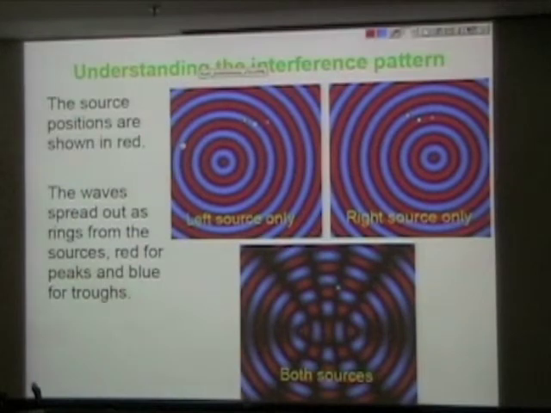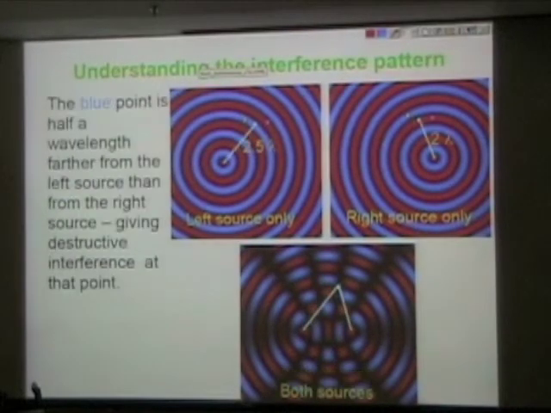So one source, two sources together might give you different results. Here, for example, this particular picture shows you the red spot in the middle, then blue, then red, then blue, then red.